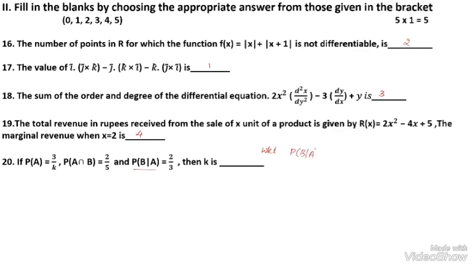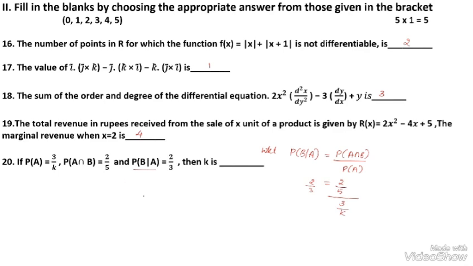Probability of B on A means we have to write first the intersection, A intersection B divided by probability of A. Now probability of A intersection B is 2 by 5, whole divided by probability of A, that is 3 by K, and here probability of B on A is 2 by 3.